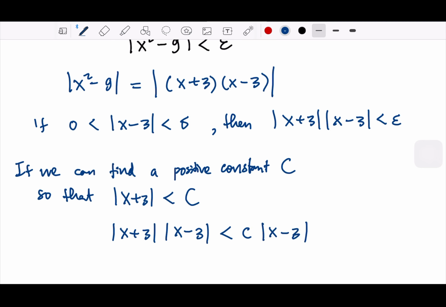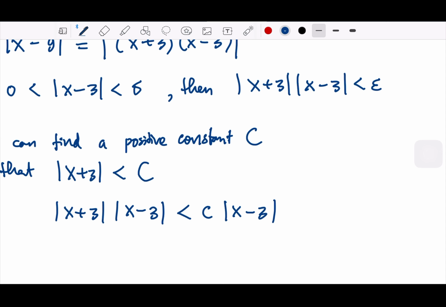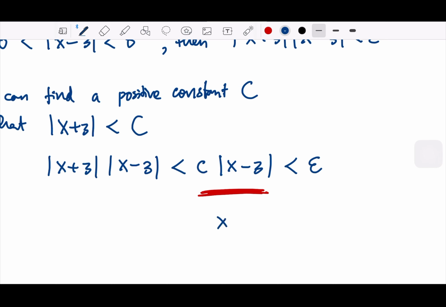Okay. And we can take this, the c x minus 3, these terms, by taking that it should be less than epsilon. And then we can correlate the x minus 3 to be less than epsilon over c.